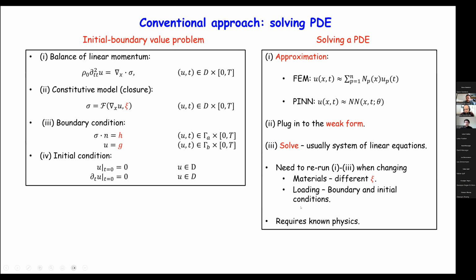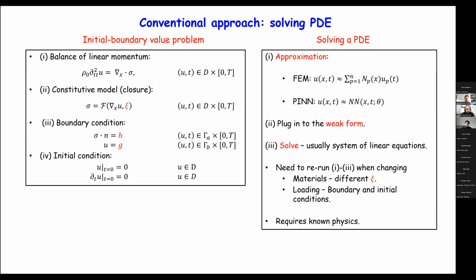Right. And of course, the advantage of solving a partial differential equation this way is that we know that our error is bounded and we can solve it to arbitrary accuracy. However, the drawback is that if I now change one of my conditions, for example, I change the parameterization of my PDE, such as the coefficient C here, which enters into my PDE system, or I change my boundary condition or initial condition, then I would need to resolve this partial differential equation from the beginning.